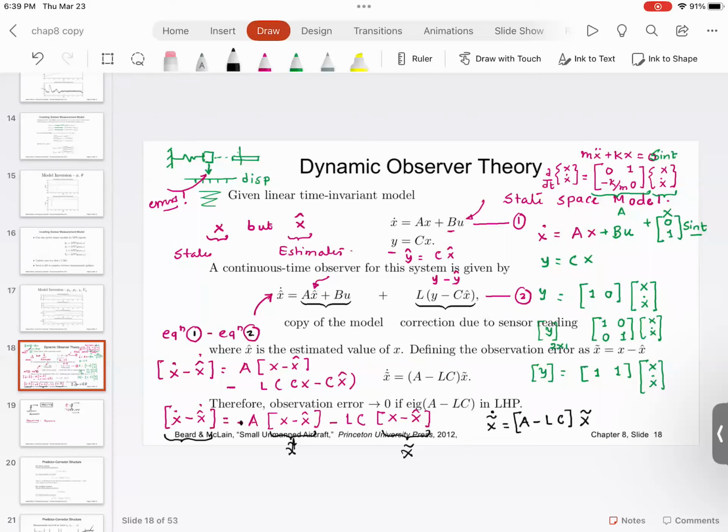And what term will control the eigenvalues of this whole thing? L. Which means I can change the value of L. L is just a number. I can change the value of L so that as time goes on, this error goes to 0.